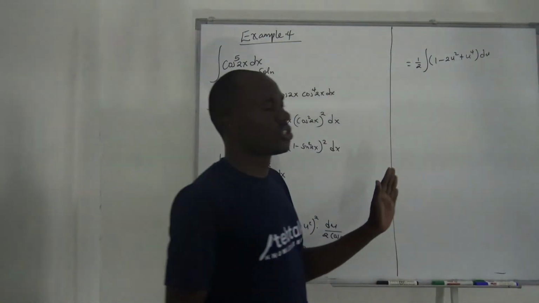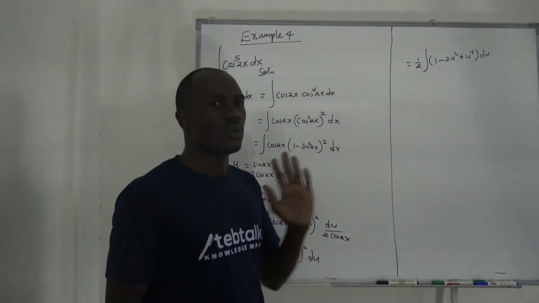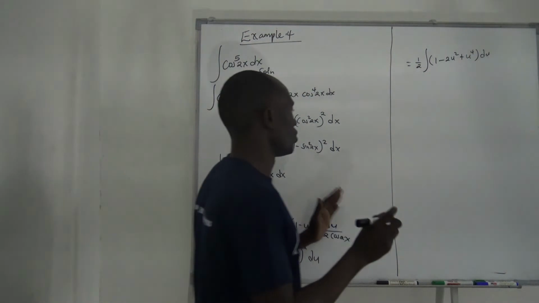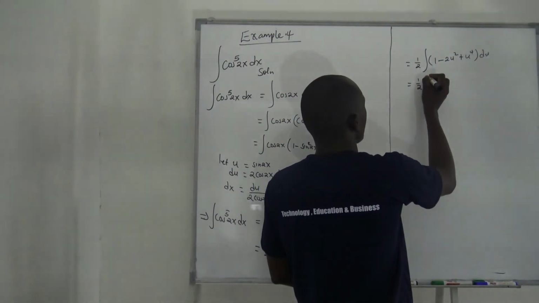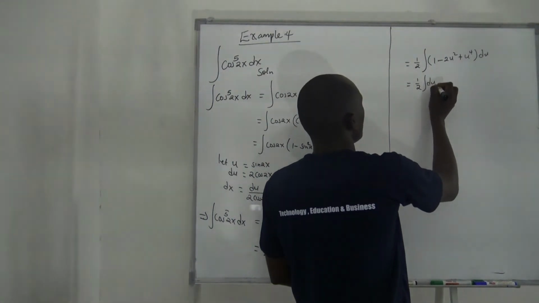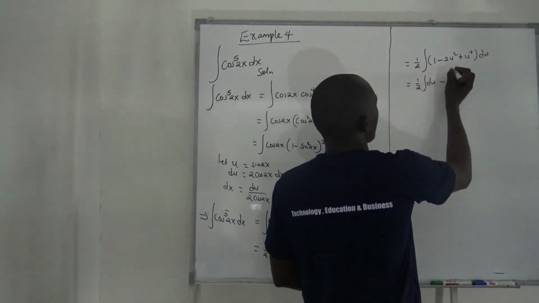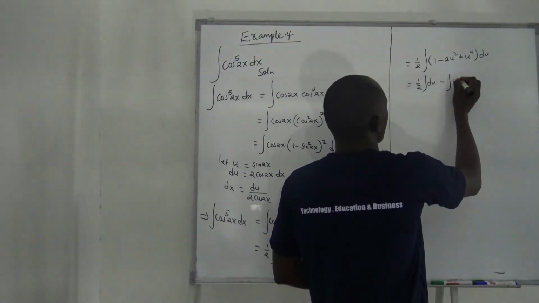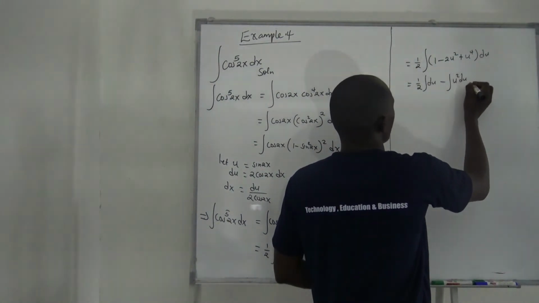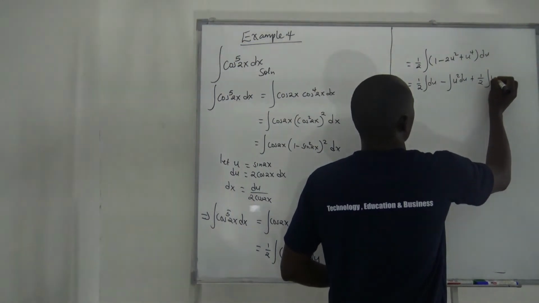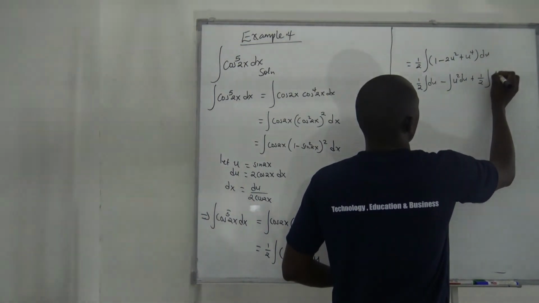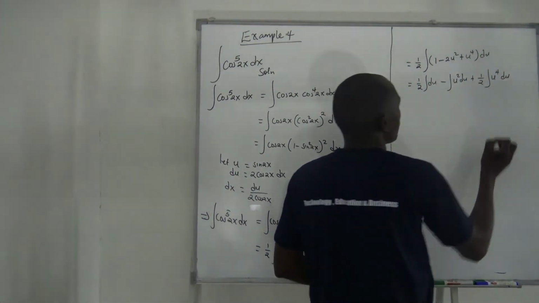So we multiply in the half with the integral with respect to u. This becomes a half integral of du minus a half times 2, we remain with just the integral of u squared du, plus a half integral of u power 4 du.